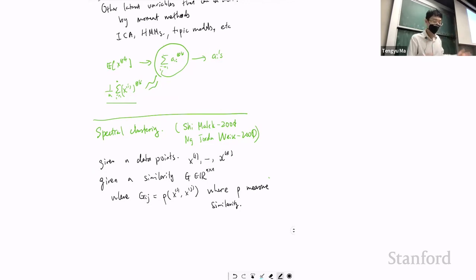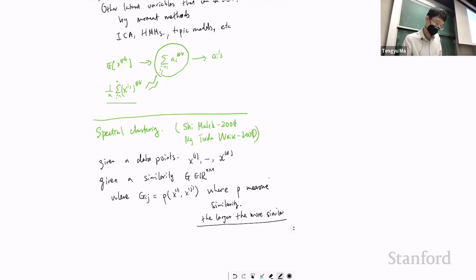I think it's reasonable to think of them as similarity, where the larger, the more similar, but this is not that important. This is what I call the pairwise information between data points, but not pairwise information between the coordinates. In certain cases they are the same, but in other cases they are not.